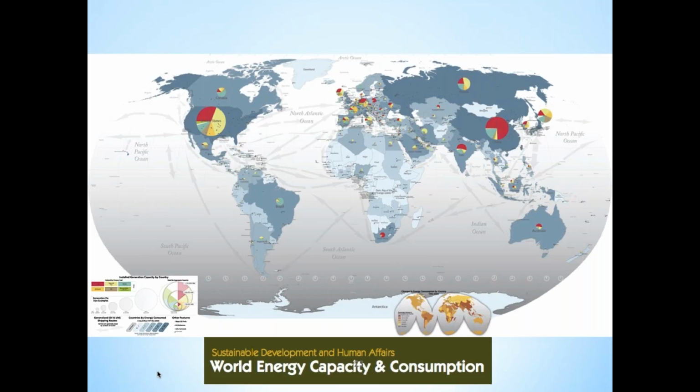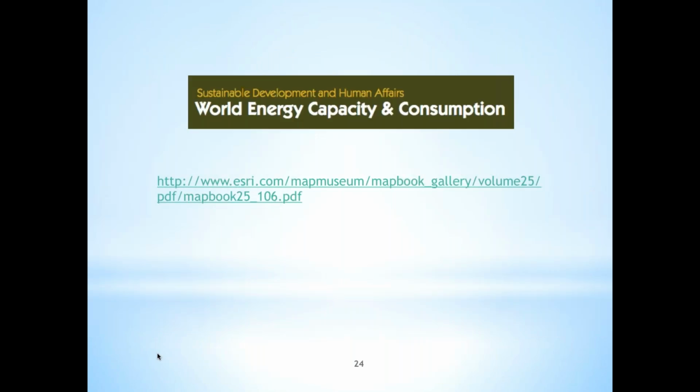You see these circles, which are measures of world energy capacity, that is the ability to produce BTUs and kilowatt hours, and their consumption. And again, you see the same thing that we saw before. It's either the huge populations or the hugely developed countries that have all of the capacity and the consumption.